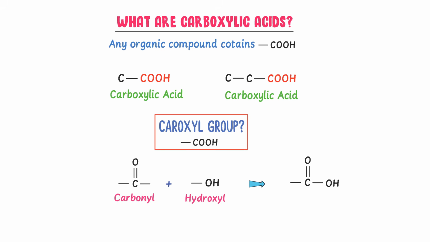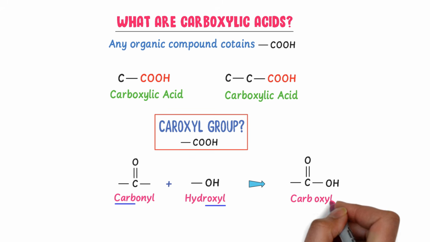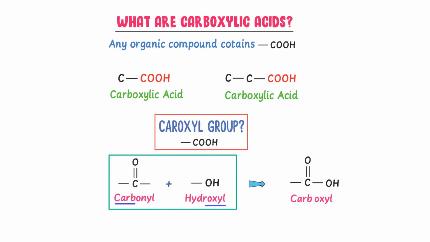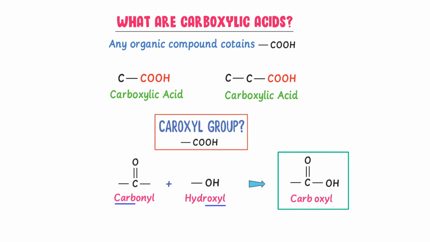From the carbonyl group, only "carb" is taken. I write here carb. From the hydroxyl group, only "oxyl" is taken. I write here oxyl. So I get the carboxyl group. Thus remember that when the carbonyl group and hydroxyl group combine together, they form the carboxyl group.